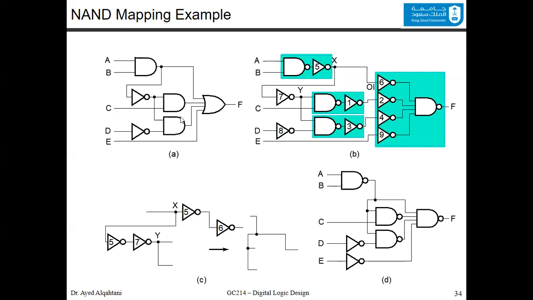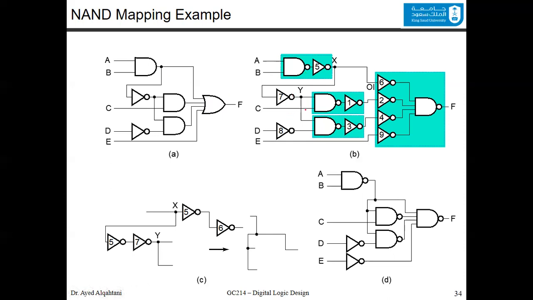To do this, you could do it by taking any NAND and replacing it with a NAND followed by an inverter, a NAND followed by an inverter, a NAND followed by an inverter. The OR, you take it out and you replace it by a group of inverters followed by a NAND, as we agreed on in the previous slide.